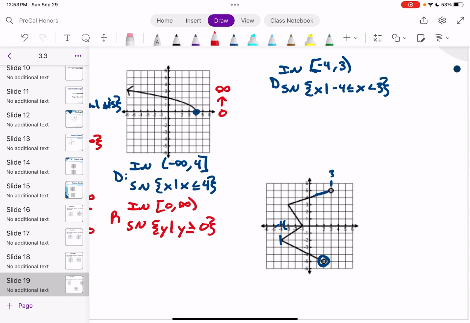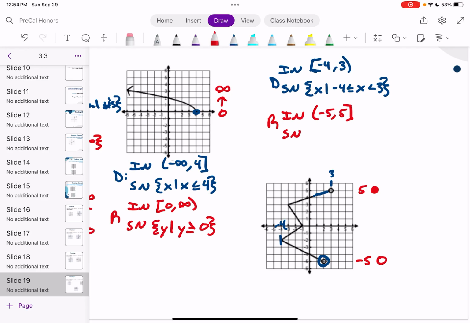The range on the other side, in interval notation, keep in mind we are starting off at -5 and going up to +5. This is an open circle. This is a closed circle, which means that as we are writing the interval notation, we would write it as a parenthesis of -5 up to 5 with a bracket.